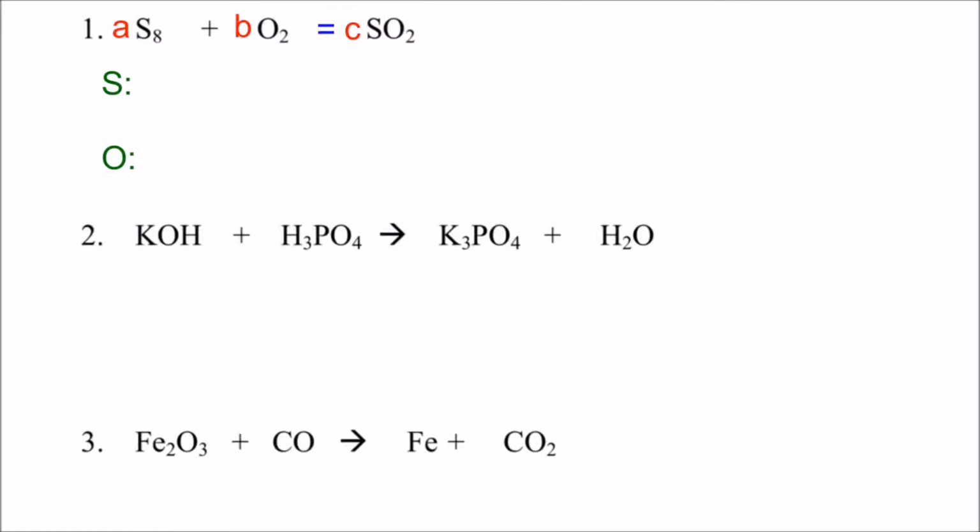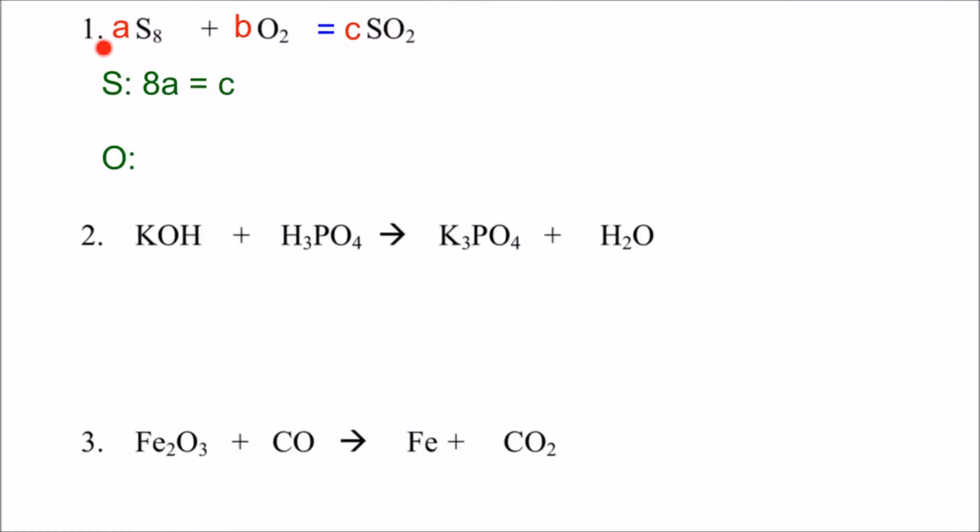We have 8 sulfurs in this A term, so we're going to write 8A. There are no sulfurs in the B term, so we're going to skip that and bring our equal sign down. And then we have 1 sulfur in the C term, so we're going to write C. Now let's go back and do oxygen's equation.